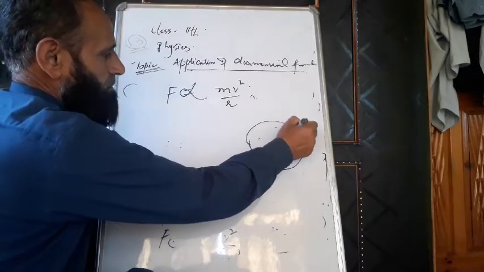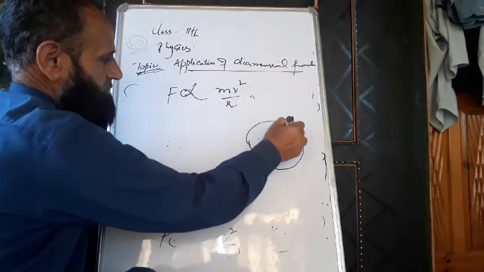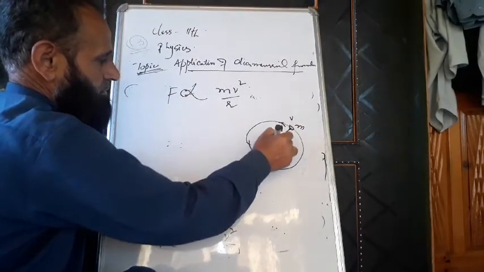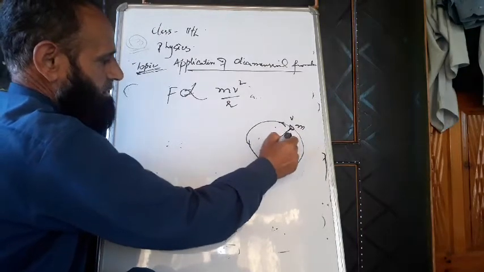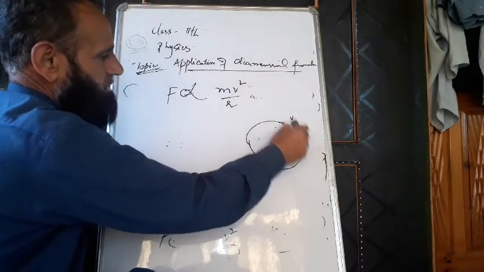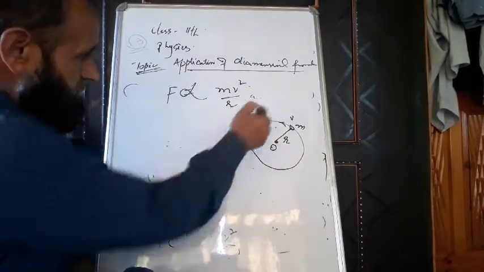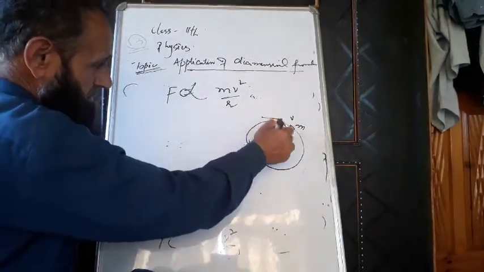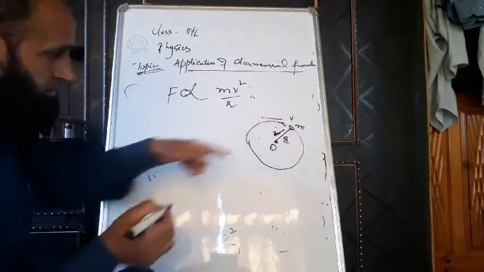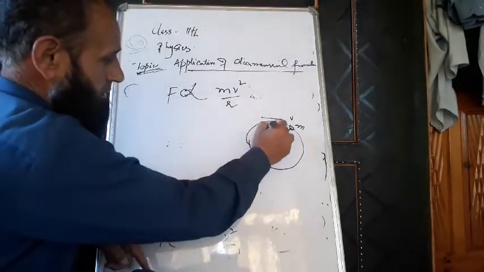Here is a body of mass m moving with a velocity v in a circular motion around this center O with radius r. This centripetal force is applied toward the center of the body.